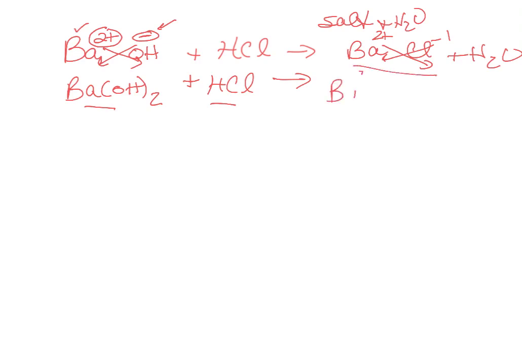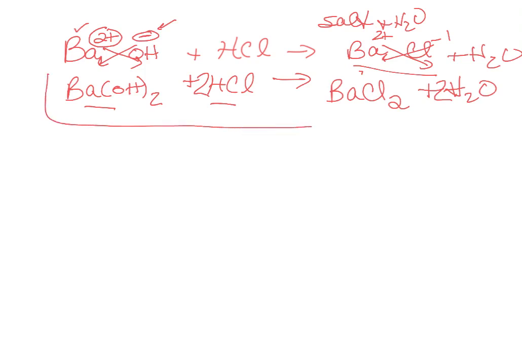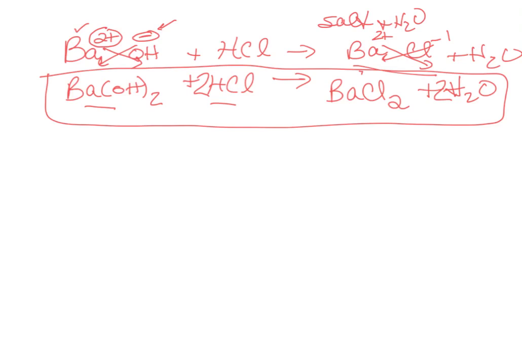When you crisscross the charges, you get BaCl2 plus H2O. Now we simply need to worry about balancing the reaction. So I see that I need a 2 in front of hydrochloric acid and a 2 in front of water. And there I go. Here is my balanced reaction, and now I'm going to start doing stoichiometry.